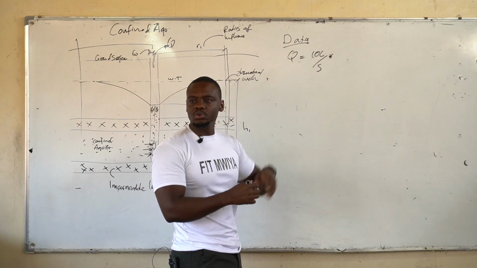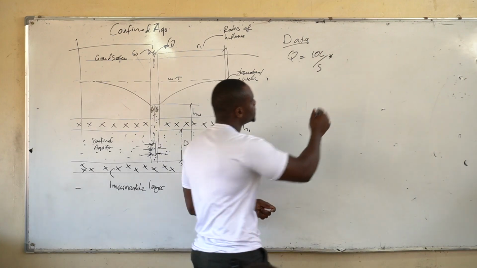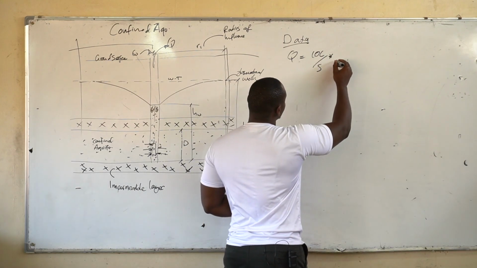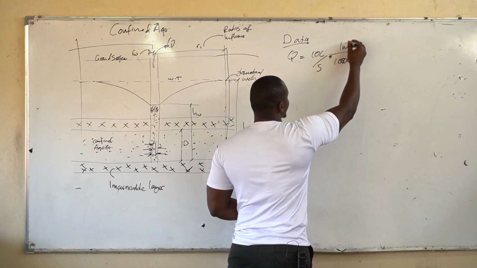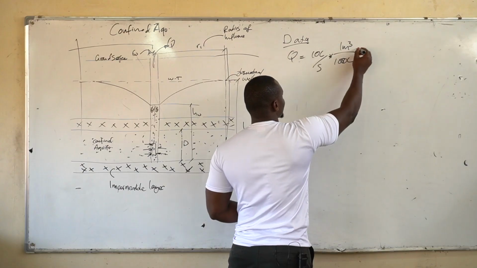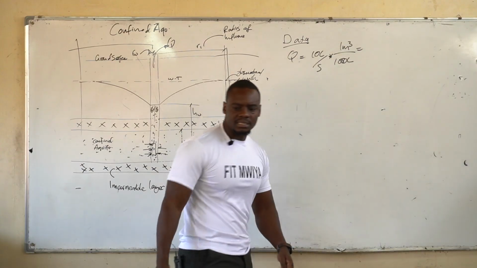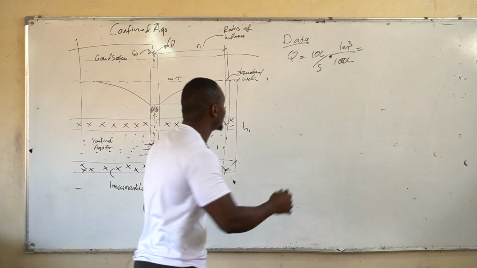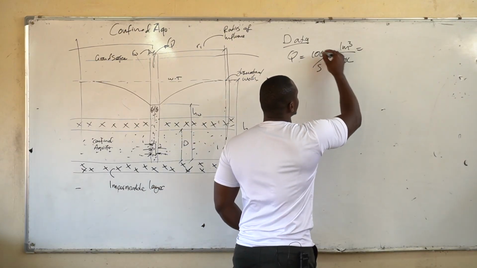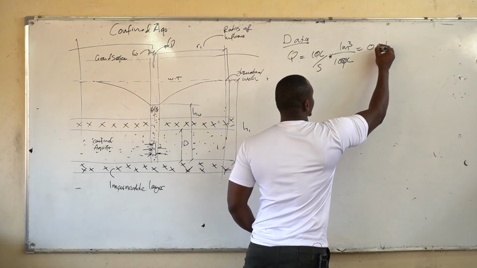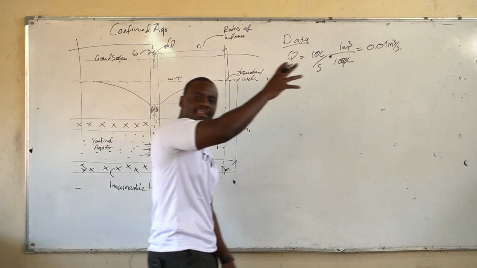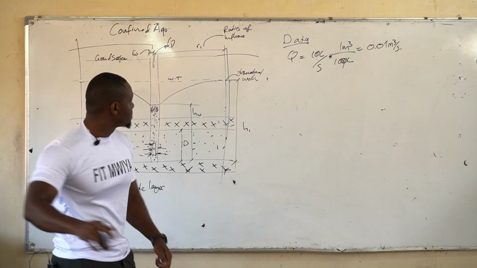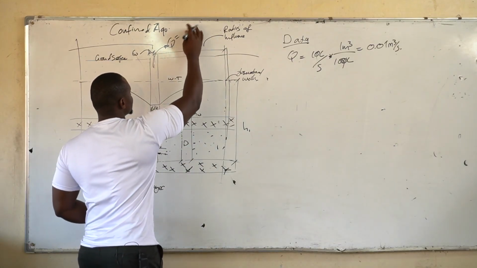You convert this into cubic meters. 1,000 liters give you a cubic meter, so the value is 0.01 cubic meters per second. You convert it to the right units and then plug it here. This is where it belongs.